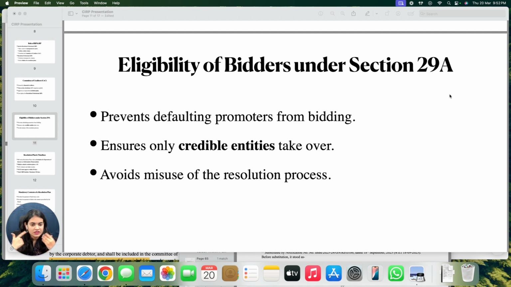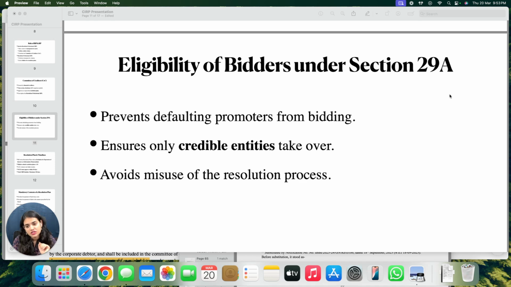Once the bidding is concluded and their resolution plan gets accepted, if the prospective resolution applicant fails to comply with the procedure, or does not manage to actually conclude the resolution process as envisaged in the resolution plan, then that creates trouble, and that might bring the stakeholders to the position where they were prior to the CIRP.